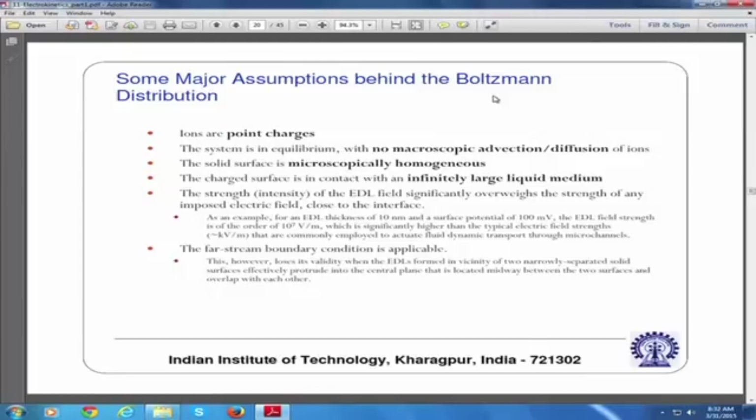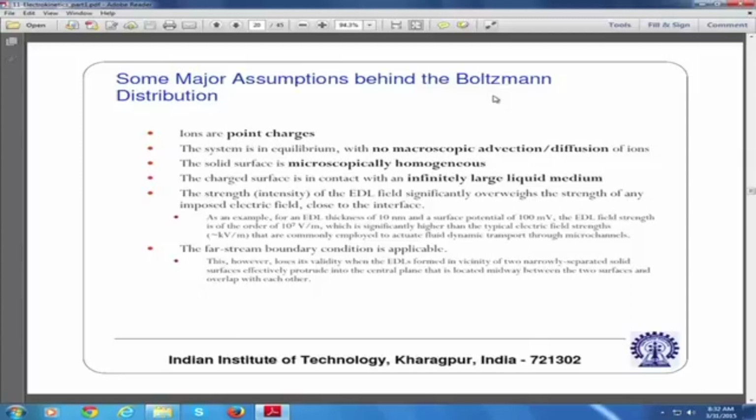Okay. On the other hand, the typical axial electric field that is applied for electroosmosis is of the order of 10 to the power 4 volt per meter. So the field within the electrical double layer due to the electrical double layer is much more overweighing as compared to the field that is externally applied in the axial direction.